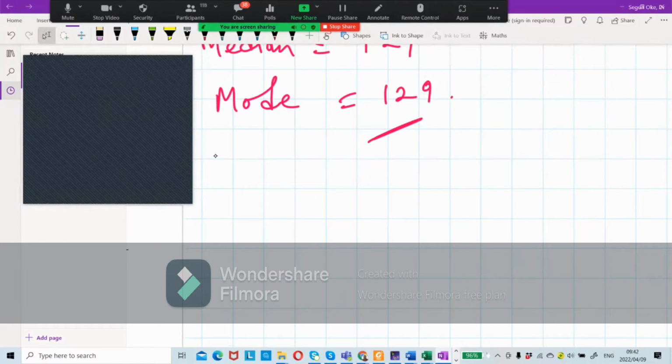That's what they ask you to calculate. So somebody is raising their hands. Please, everybody mute yourself.